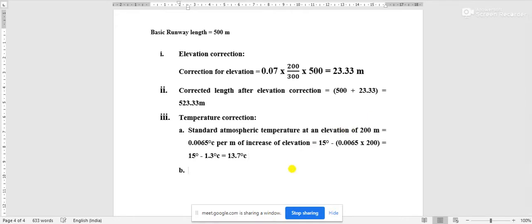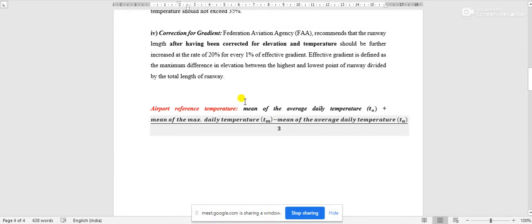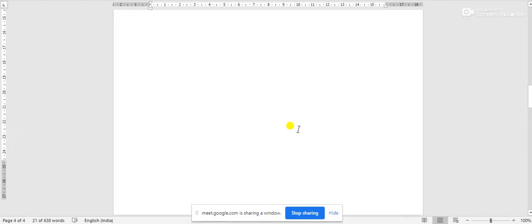Okay, now the second step of the third step, in the temperature correction, is the calculation of airport reference temperature. Airport reference temperature is, I may copy the equation we have discussed in the last class.